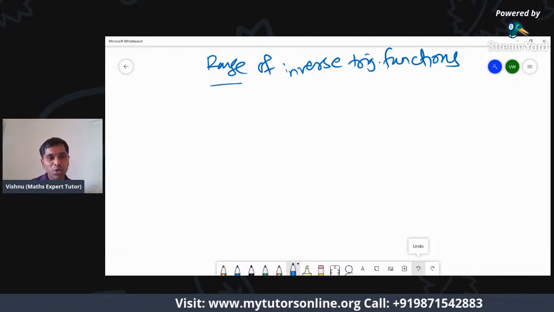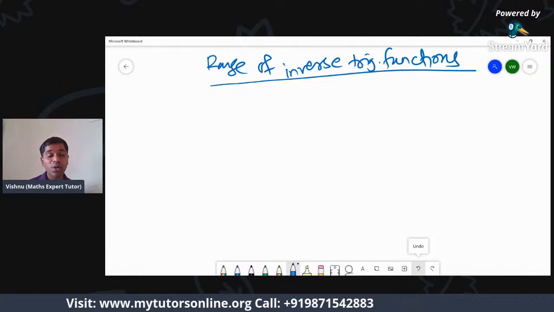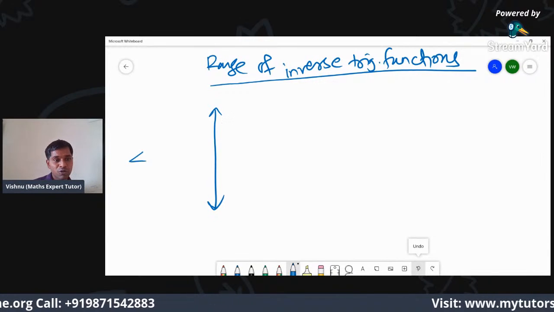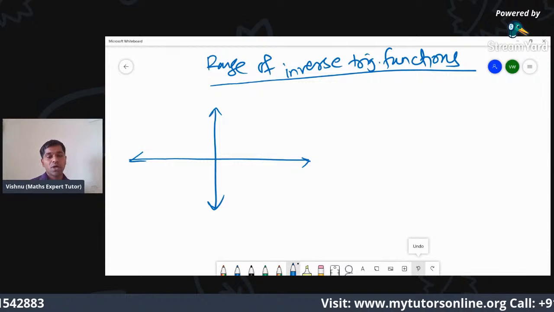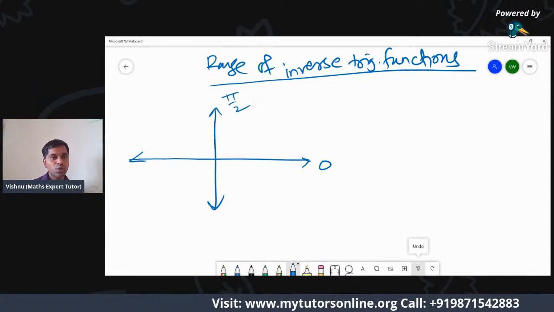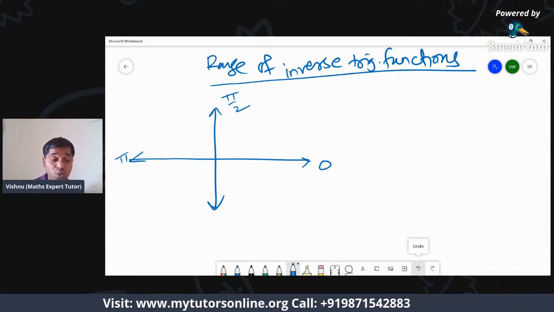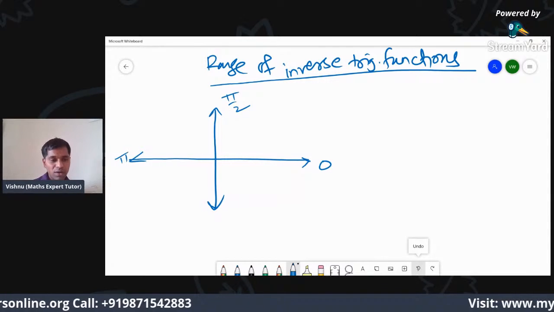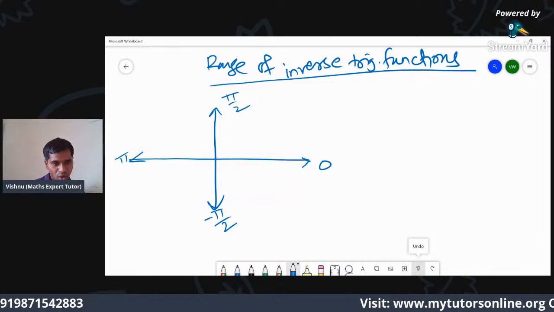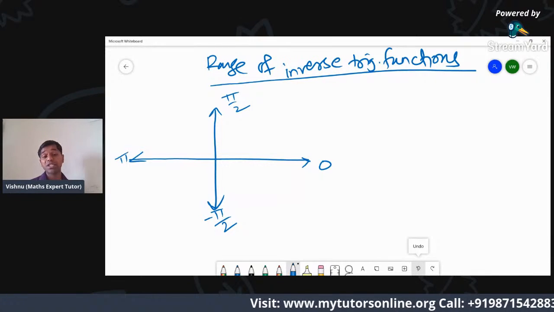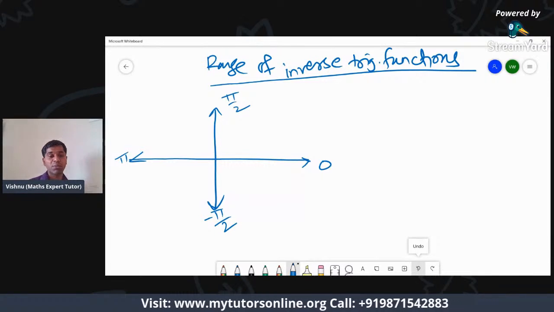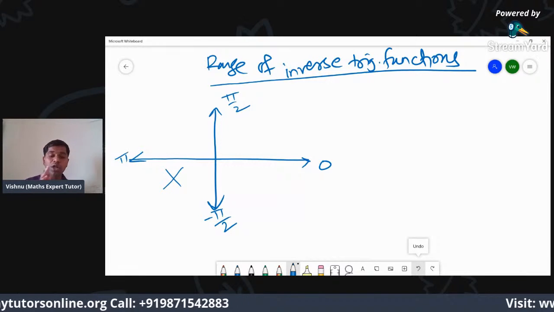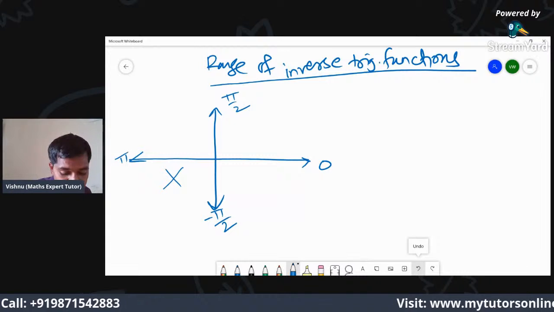So this is the trick you will be using to remember what the range is. 0, pi by 2, pi, and obviously we don't use 3 pi by 2 here. We write this as anticlockwise, and clockwise we consider, so we write it as minus pi by 2 to. That is how we term it. First of all, get one idea clear: no trigonometric function has range or domain in the third quadrant.